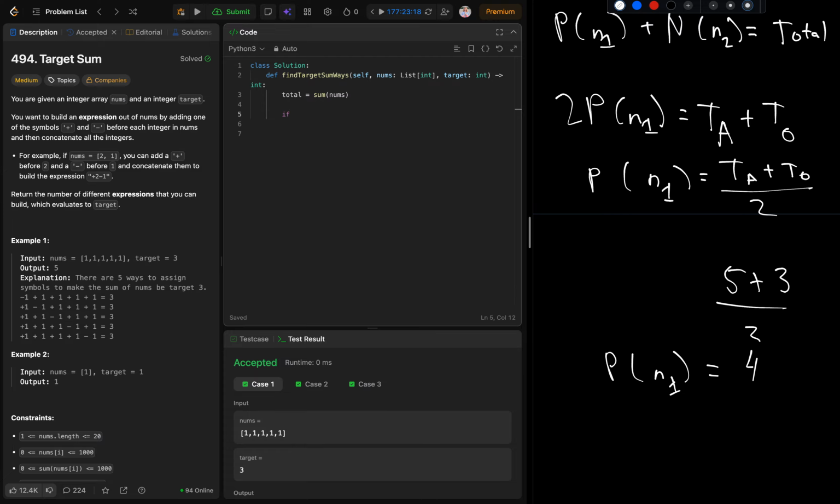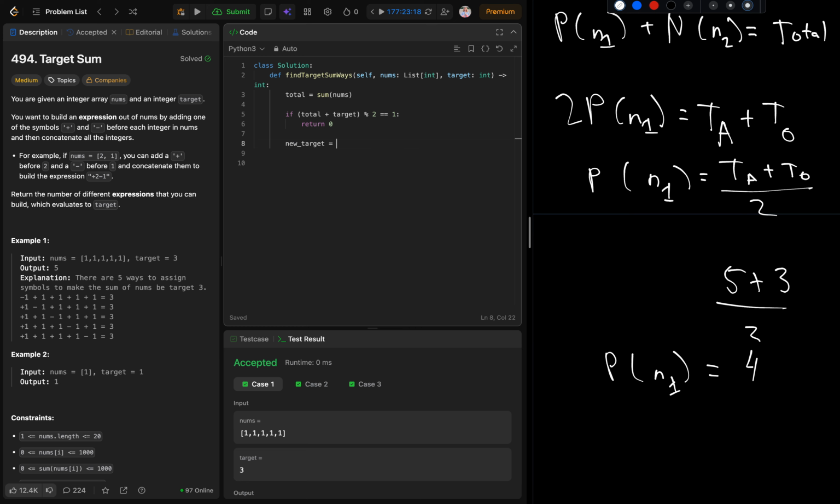Yeah. So if our total plus target mod 2 equals 1, we just return 0. But I remember reading the code, I know there's something missing here, so I'll just leave it for now.